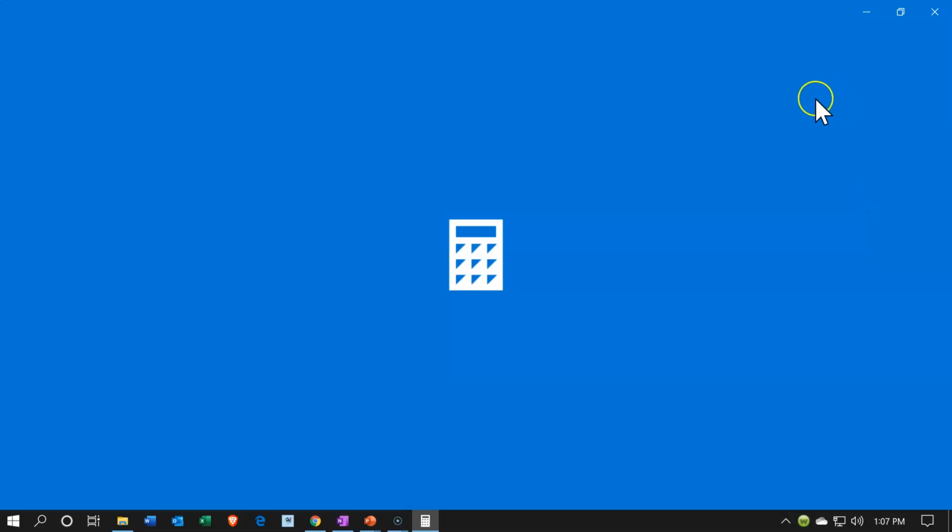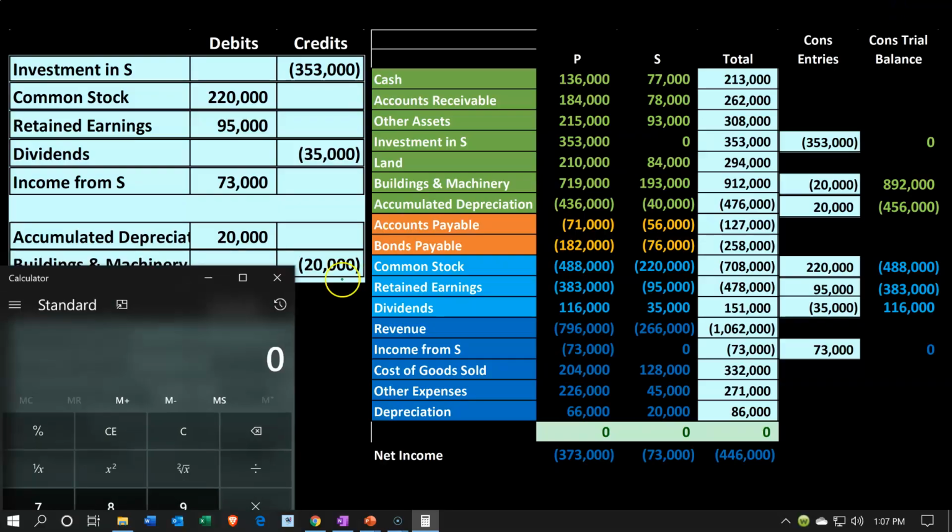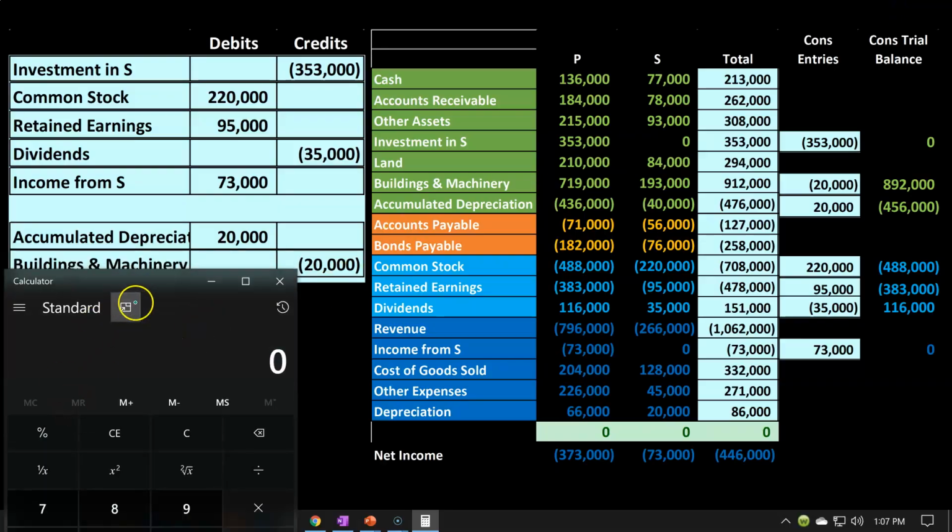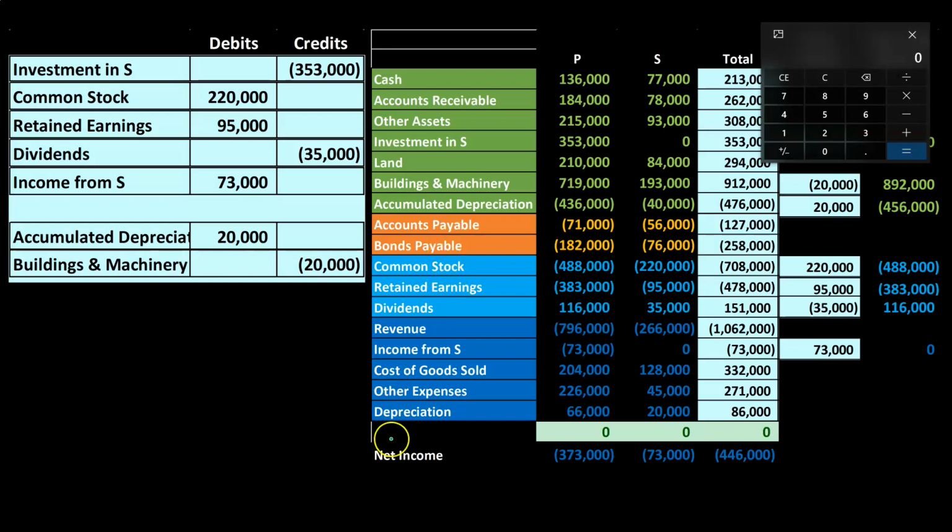If I pull out the trusty calculator here, the giant trusty calculator, we're going to say then that before we did that transaction, we had the consolidation, which was the 912,000 minus the 476,000.